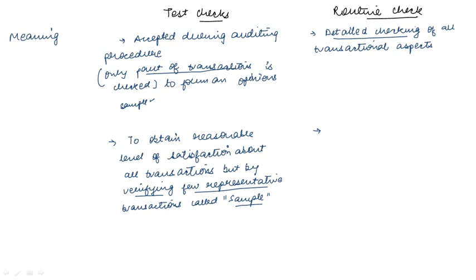Now moving on to next, to obtain reasonable level of satisfaction. But over here in this routine check, there are few things done. Detailed checking is done to verify arithmetical accuracy. That means every kind of subtraction, addition, everything has to be done properly.